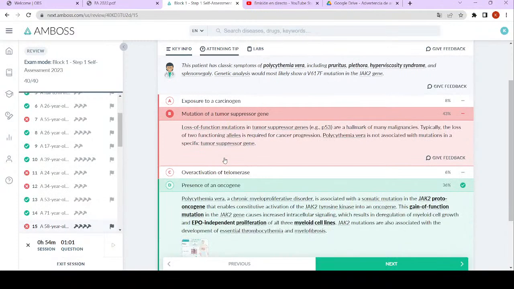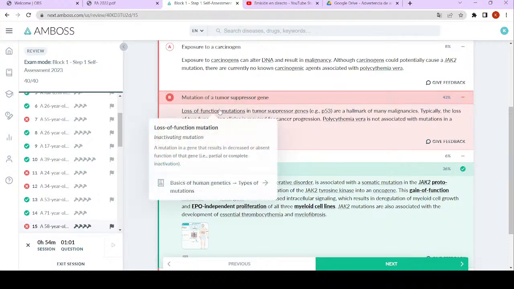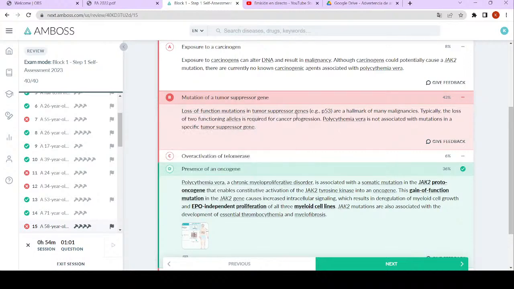So let's see what the other answers are. Exposure to a carcinogen. Mutation of a tumor suppressor gene: loss of function mutation in tumor suppressor genes like P53 is a hallmark of many malignancies, but not here because it's not a suppressor, it's a proto-oncogene.